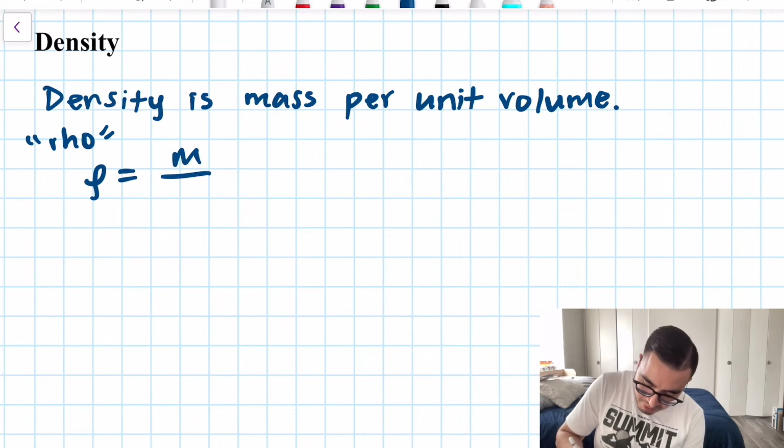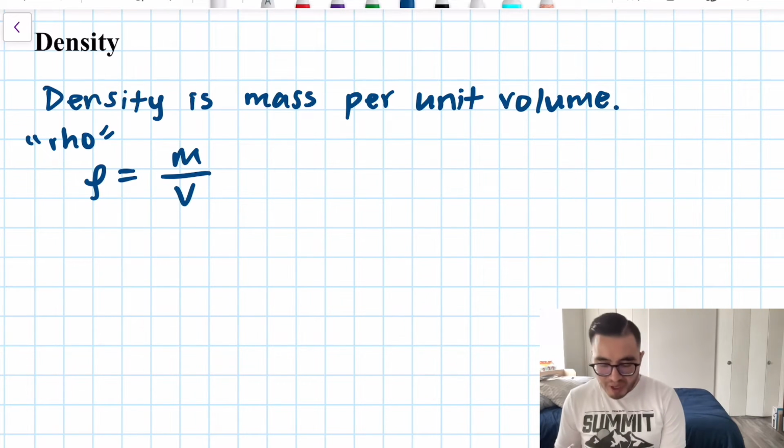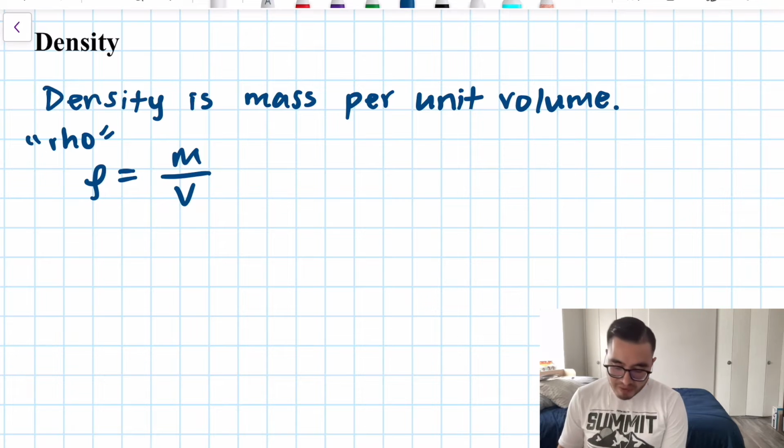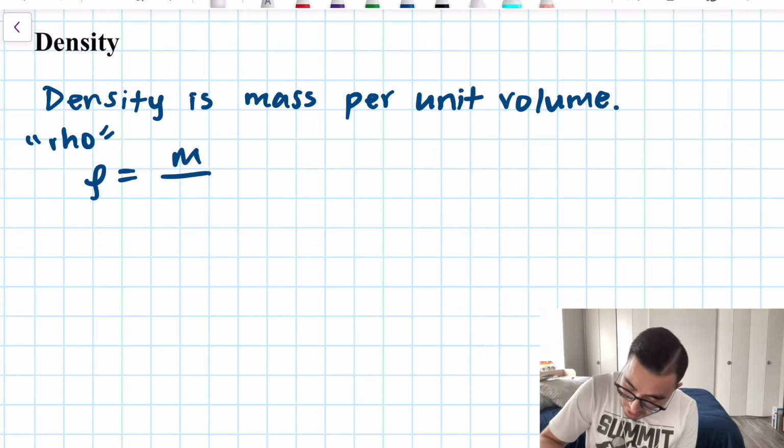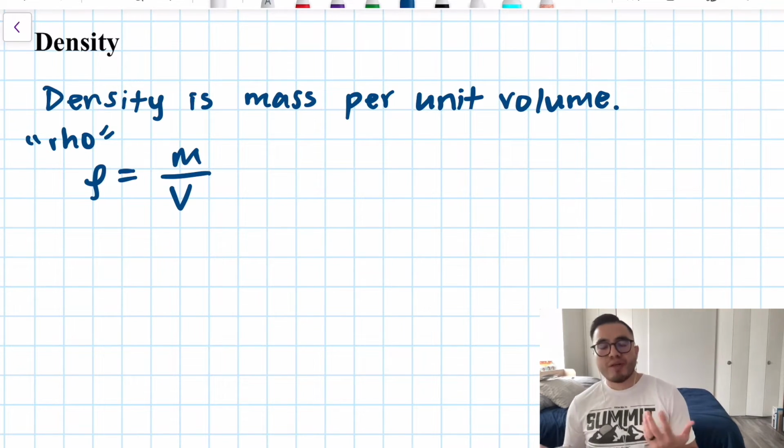This is why I've been writing a very weird lowercase v for velocity, because now we have this capital V for volume. Let me make it even bigger so that it is obvious it's a different one. A way you can think about this is how much stuff, how much mass, you have in a certain volume, okay? Higher density can mean more stuff in a very small volume.